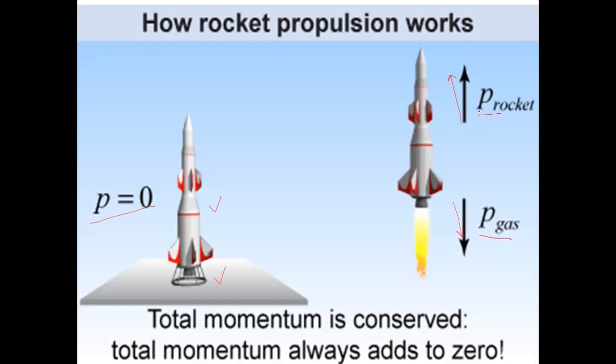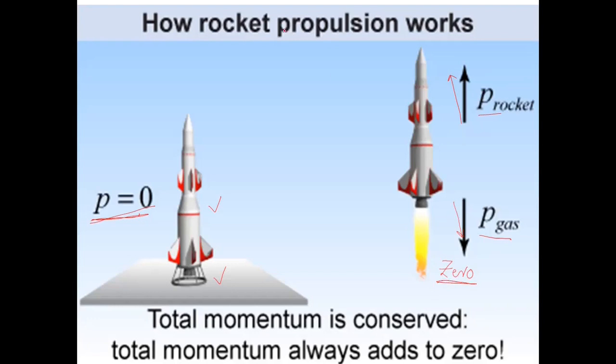So momentum of rocket and momentum of gases are equal but opposite. So after launching the rocket, momentum of the system must equal 0. This is how you can apply the law of conservation of momentum on rocket and gases. So I repeat it: before launching the rocket, initial momentum of the system is 0, and after launching the rocket, momentum of the system is also equal to 0.